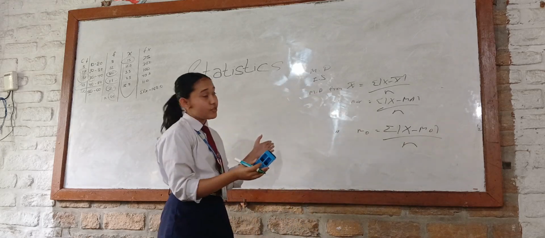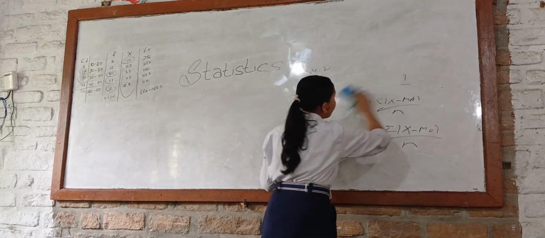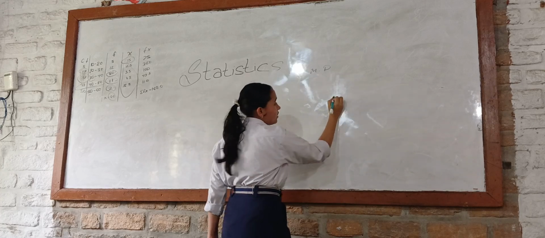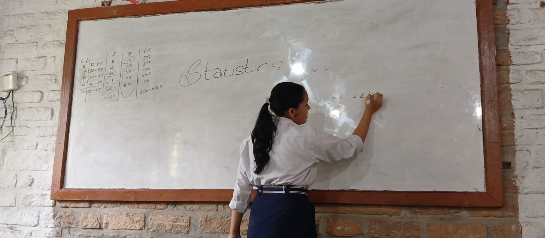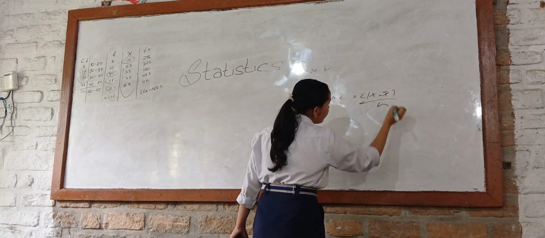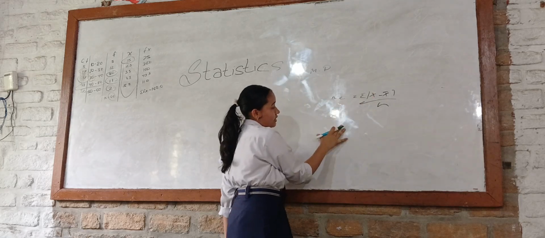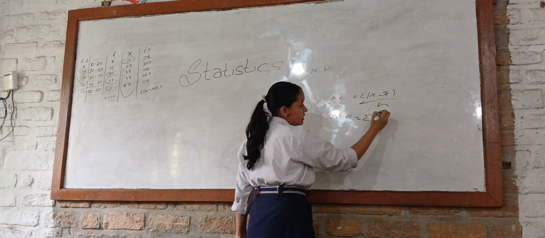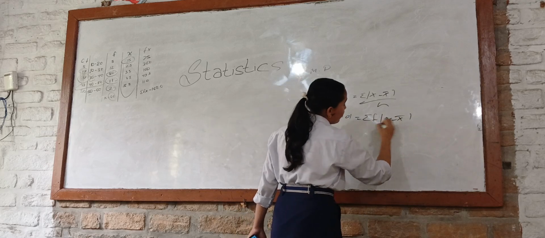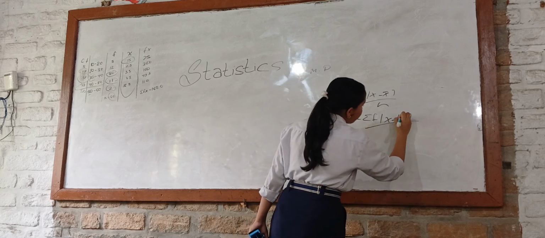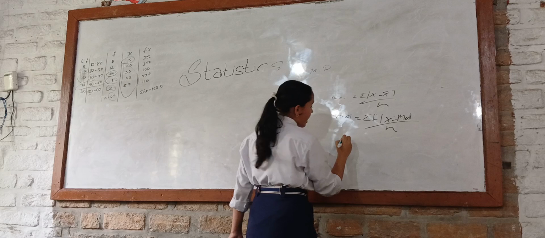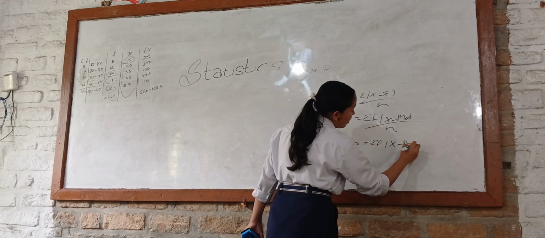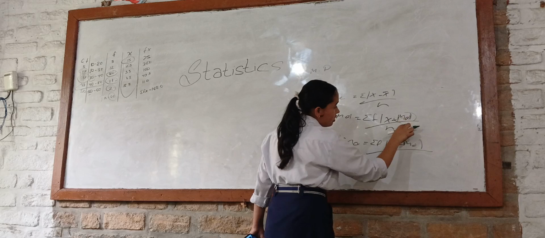So this one is for individual series, and for discrete and continuous, from mean it is the same, that is summation of x minus x bar by n. And for median, we just need to multiply with the frequency, and this is the formula for median.